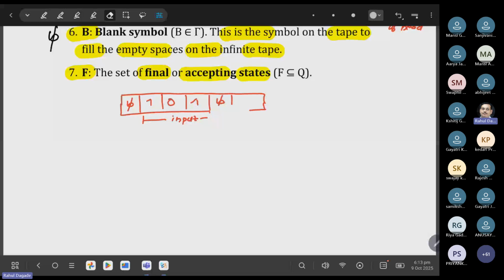And then this head can move. Number one, it can move to the right, or to the left, or no movement, that is, it can remain stationary.